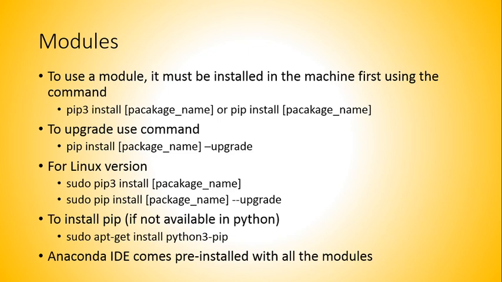You can use Pandas for data analysis, scikit-learn for machine learning, scikit-image for image processing, and SymPy for symbolic computing. To use a module, it must be installed in the machine first. You have to install it.